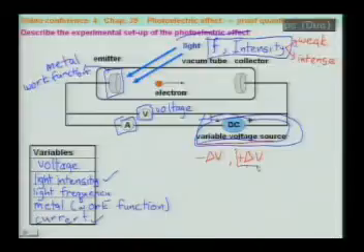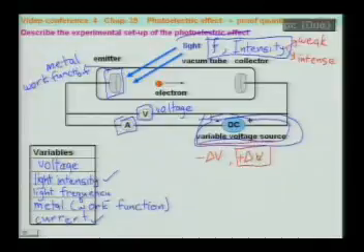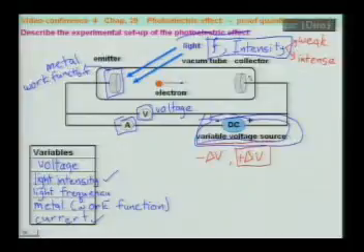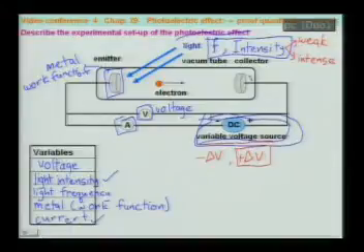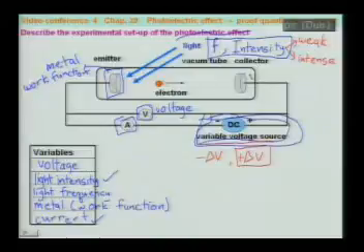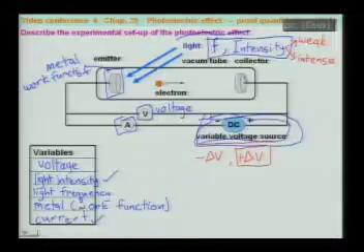So when delta V is positive, if we are having delta V as positive, is this one the positive or negative terminal?